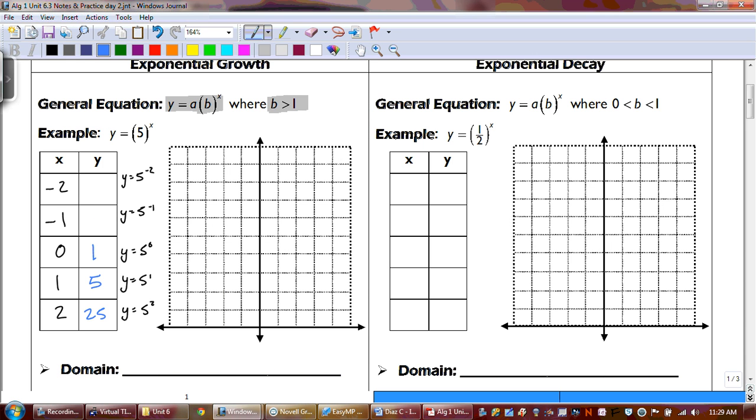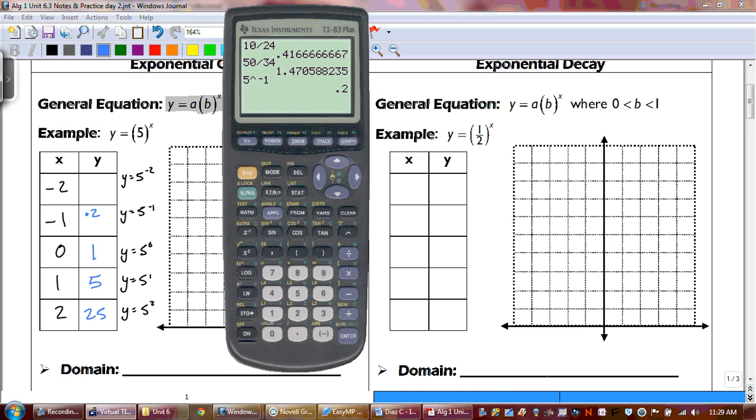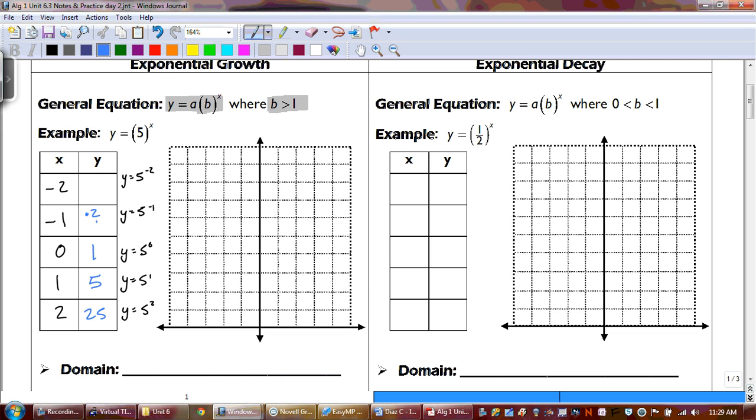Now, I like fractions better, so put it in a fraction, it's 1/5. And the same for the next one, you would get 0.04, which is 1/25.